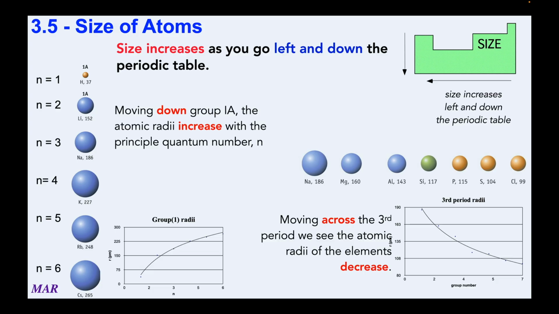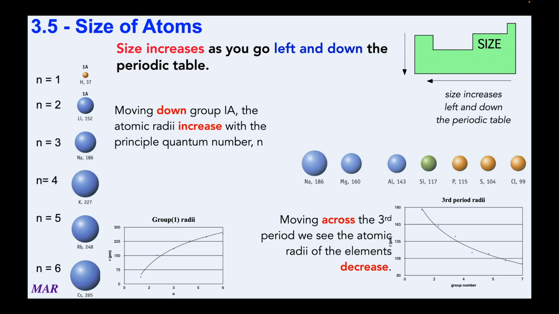They generally get bigger as you go left across the periodic table as well. The atoms on the right kind of tend to get shielded a little bit, and the atoms on the left don't. So this is an example of chlorine through sodium, and you can see that pretty much the atoms are getting bigger as you go left. So if someone asks you a question, i.e. your instructor, which atom is bigger, sodium or magnesium?